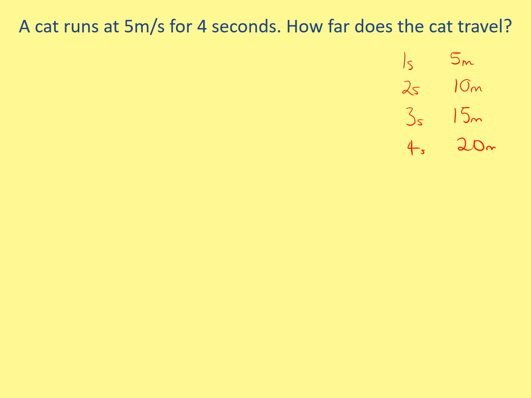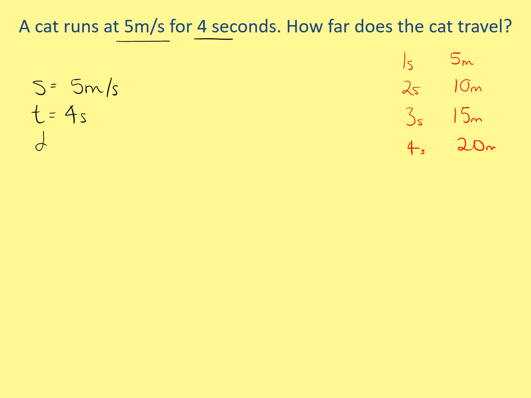So what we do is we use the same equation that we had before. I'll start by writing out what I've been told. So this time I've been told a speed, and that's 5 metres per second. I've been told a time up here, 4 seconds. And then I've been asked to find how far the cat travels, and that's a distance.